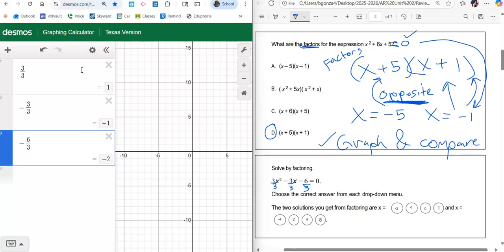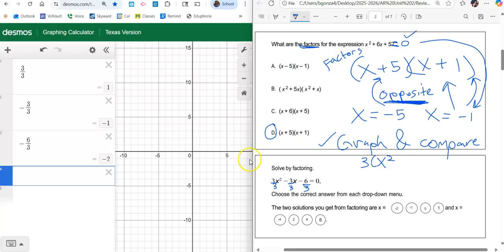Negative 6 divided by 3? Yes. So I can rewrite that over here. That 3 that I divided by goes out here. And now my new coefficient is 1, or just x squared. My next one is negative 1, which is negative x. And then minus 2 goes here.